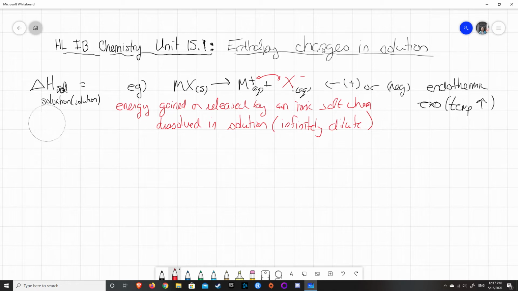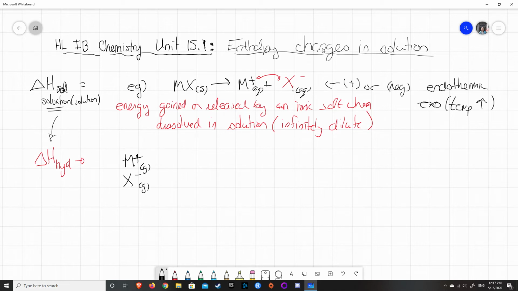And then we've got the delta H of hydration. So I messed up, like I said in that first video, solvation with hydration. In delta H of hydration, we can do this as an example. Once we've got these ions in gas phase, M plus and X minus in gas phase, we can dissolve these gases into a solution.